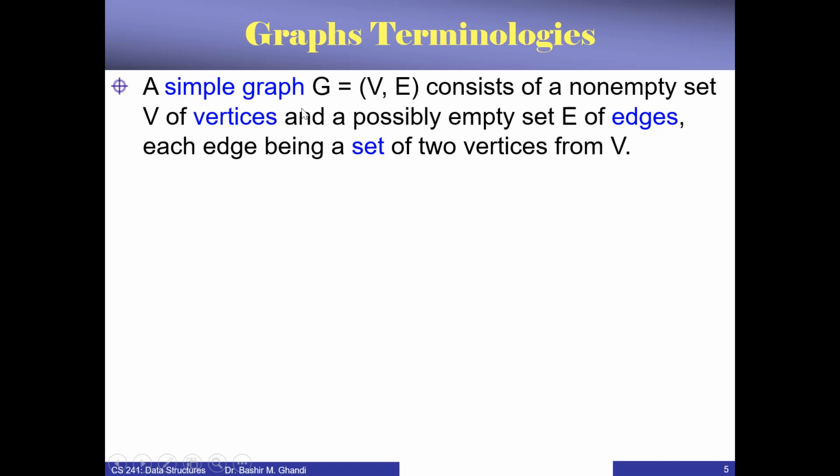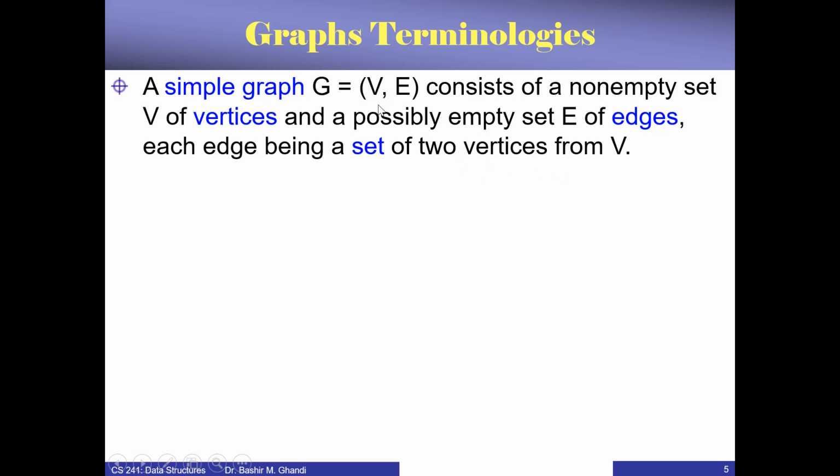A simple graph G consists of two sets, V and E. It consists of a non-empty set V of vertices and a possibly empty set E of edges, each edge being a set of two vertices that the particular edge is connecting. So this is what is called a graph.